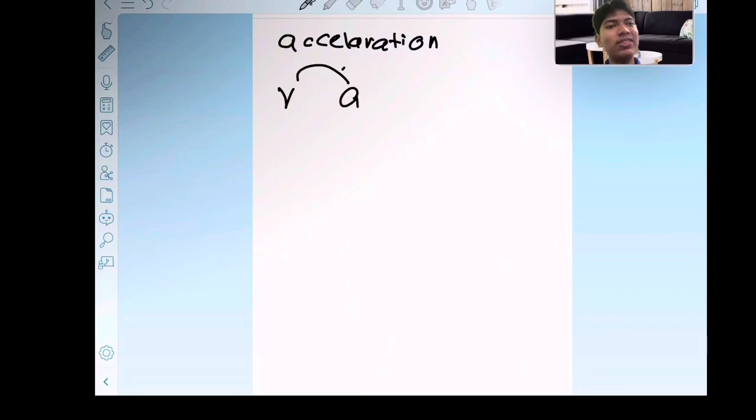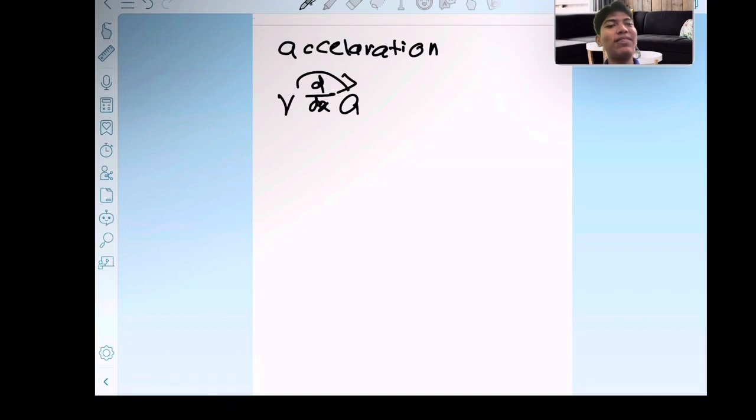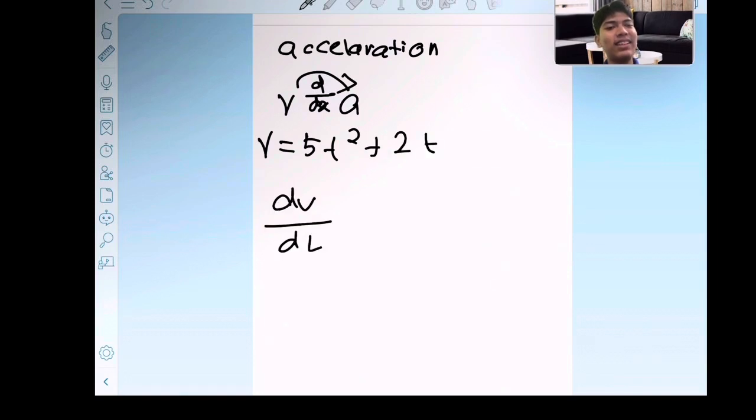So the next question is we must find the acceleration. We know that to convert velocity to acceleration, we must differentiate it, d over dt. Taufik's velocity equation is v equals 5t squared plus 2t, and when we differentiate it, we get 10t plus 2.